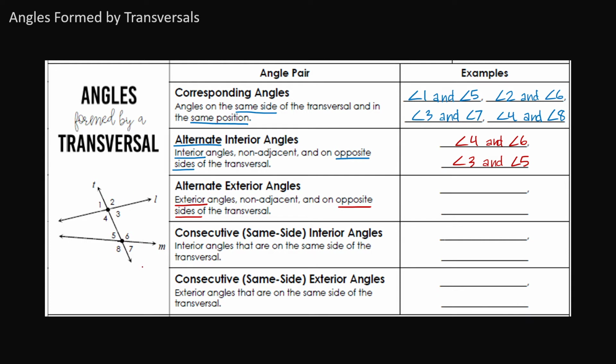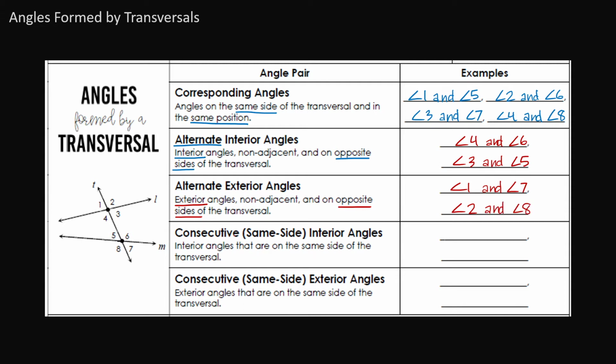Those are exterior. Now they're opposite pairs, the pairs that are on opposite sides of the transversal line, line T, that would be angle 1 and angle 7. And then my other pair would be angle 2 and angle 8.